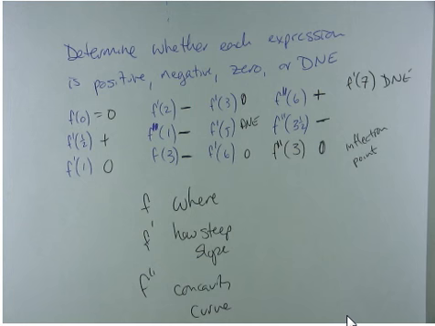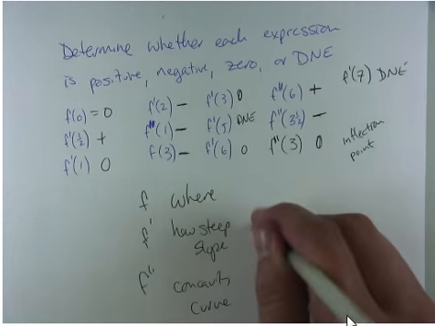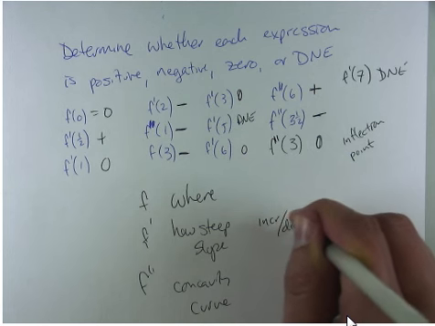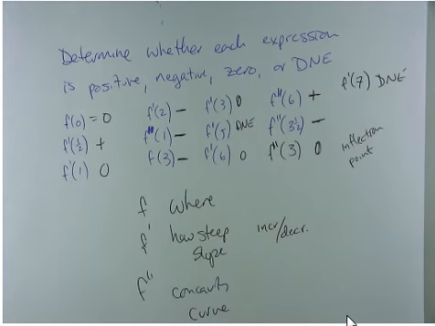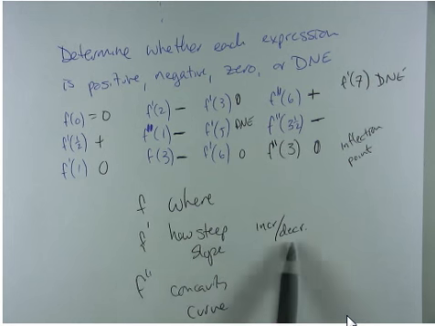And none of them determine exactly any of the others. F prime is increasing, decreasing. You can be increasing or decreasing, and that doesn't tell you where it's happening, and it doesn't tell you whether the concavity is up or down. It just tells you information about f prime.